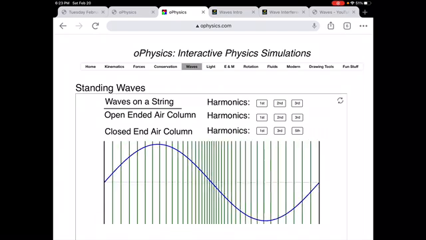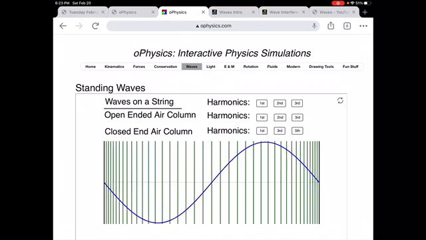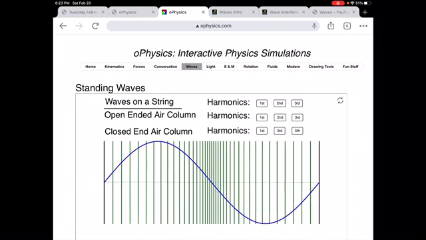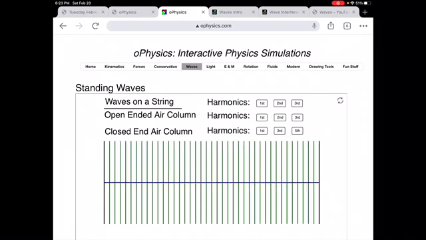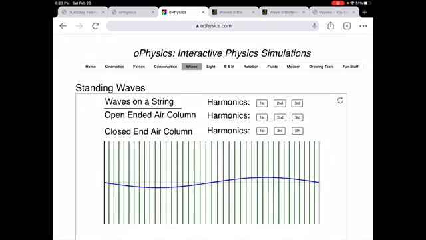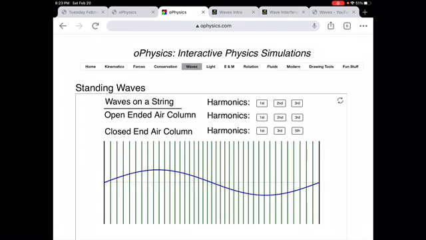So here is a representation of a standing wave. A standing wave has two fixed ends and then vibrations in the middle. The blue line represents a transverse standing wave, and the green lines represent a longitudinal standing wave.